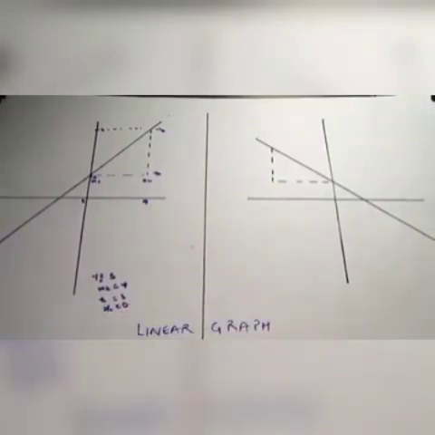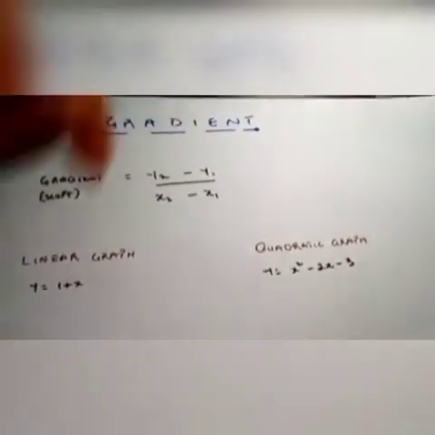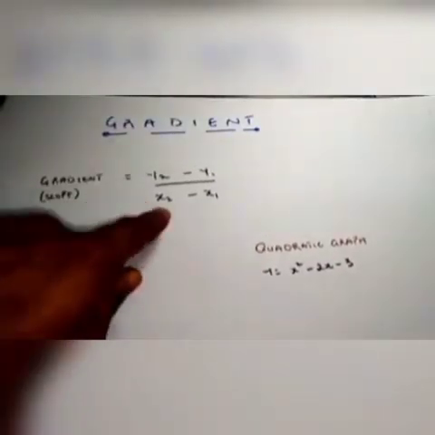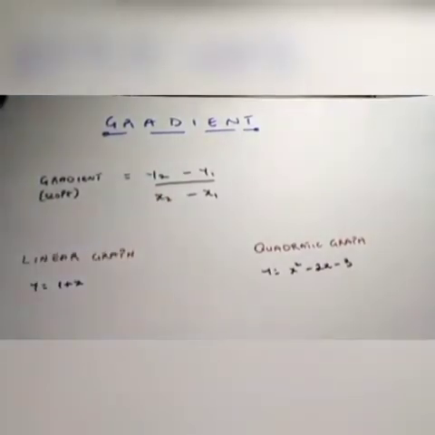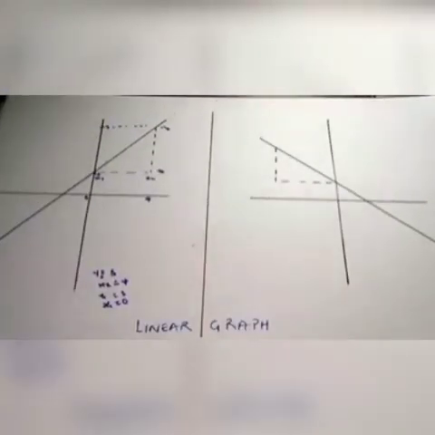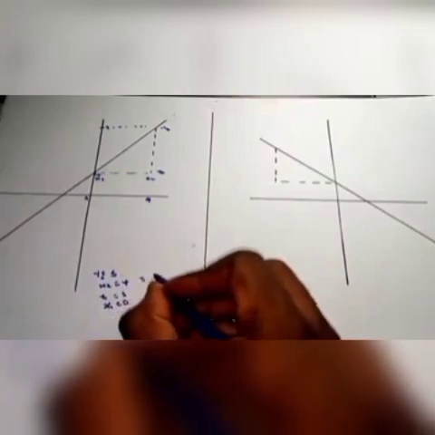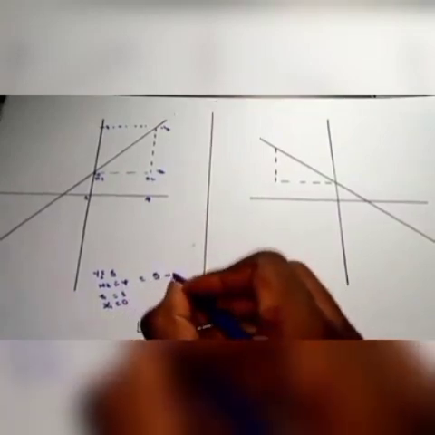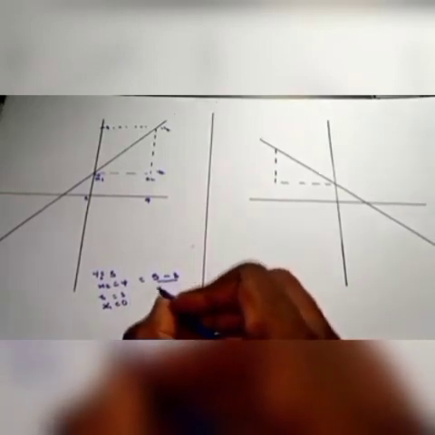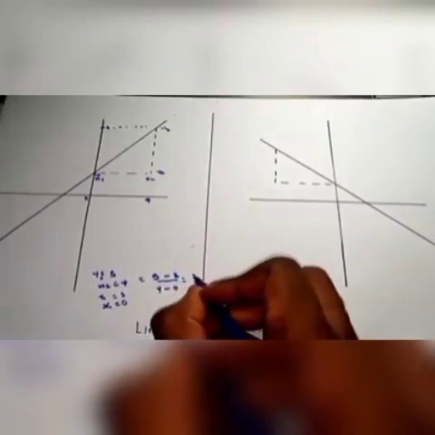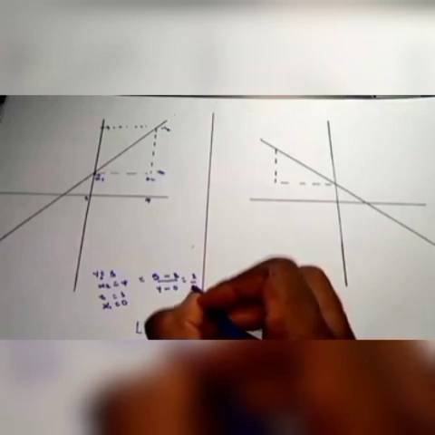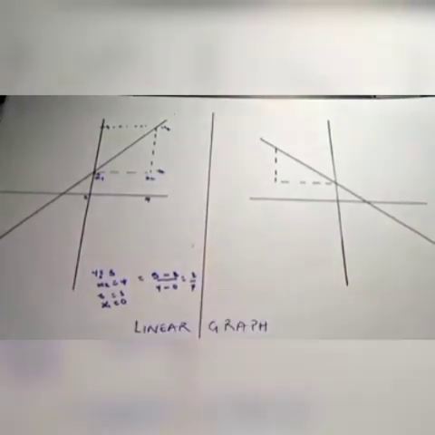Just like we mentioned, we're going to put those values in this format for us to find the slope. So we have y2 minus y1, which will be equal to 5 minus 3 all over x2 minus x1, 4 minus 0, and we're getting 2 over 4. Then we'll get our answer as 1 over 2.